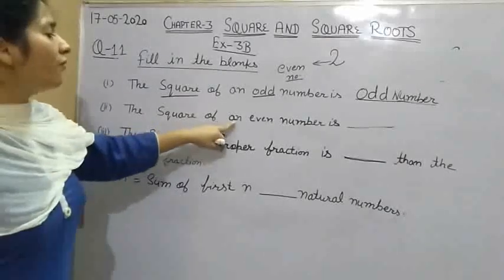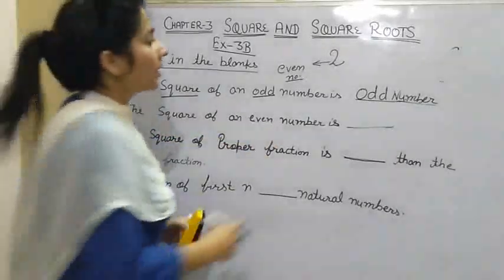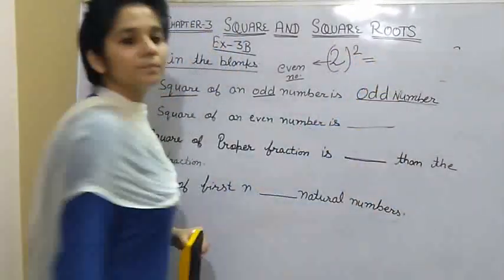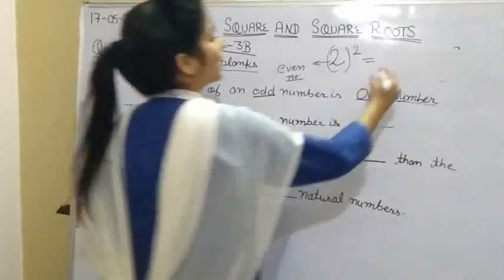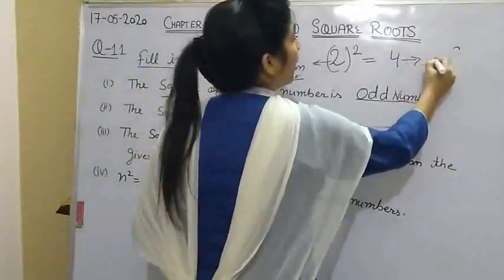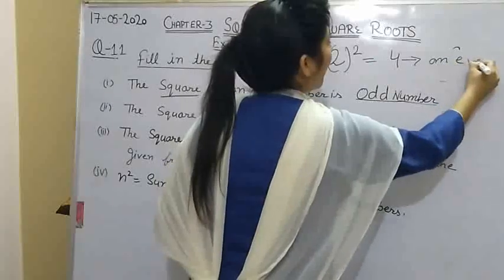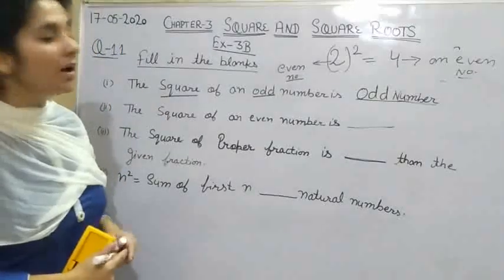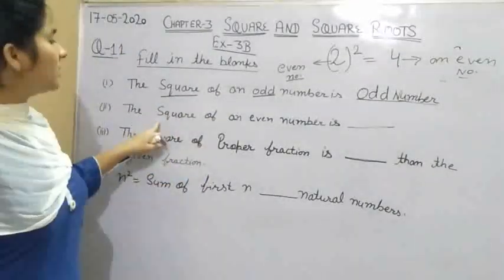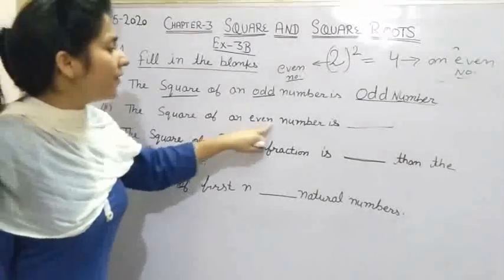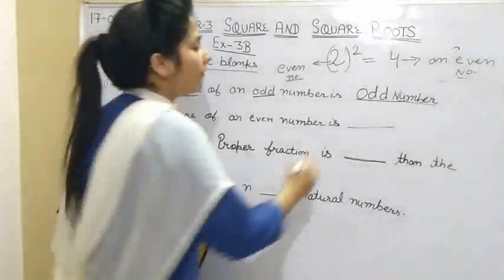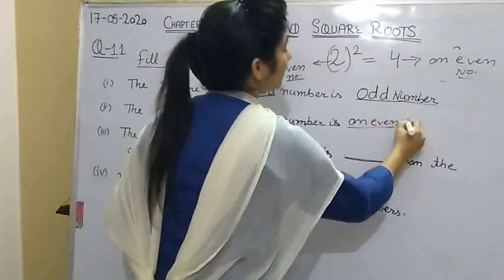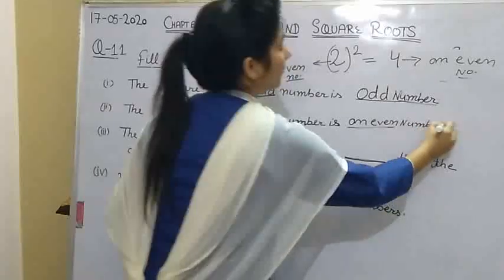When we take its square, that is equal to 4. 4 is again an even number. We again got an even number. Then the square of an even number is always an even number.